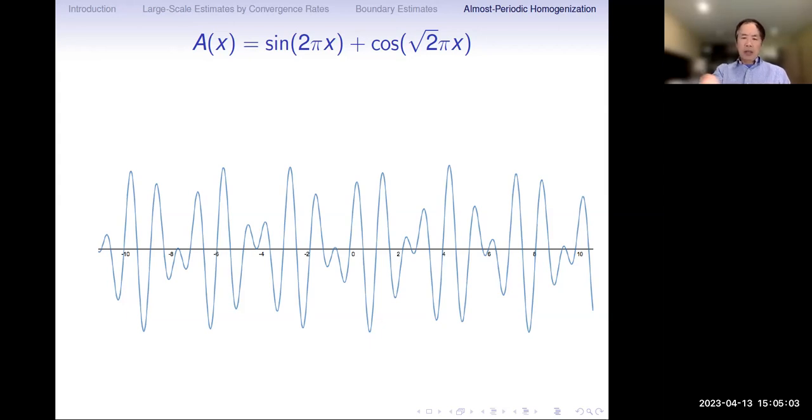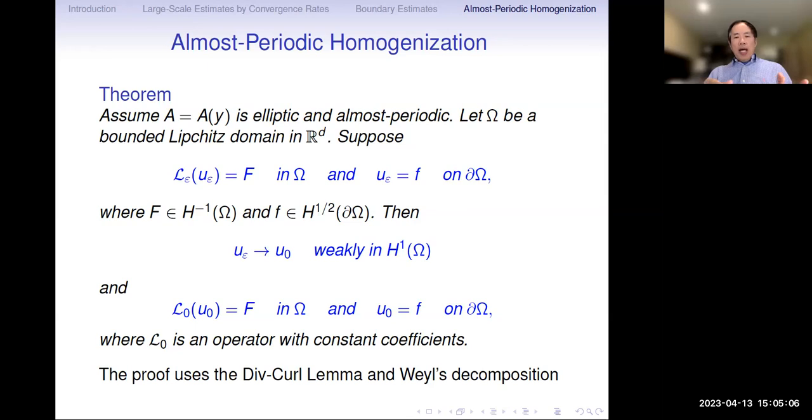Okay, and for almost periodic functions, there's also a theory known since the 70s: you can homogenize the elliptic equation or parabolic equation there. And the homogenized equation is an equation with constant coefficients. So this is the qualitative version here.